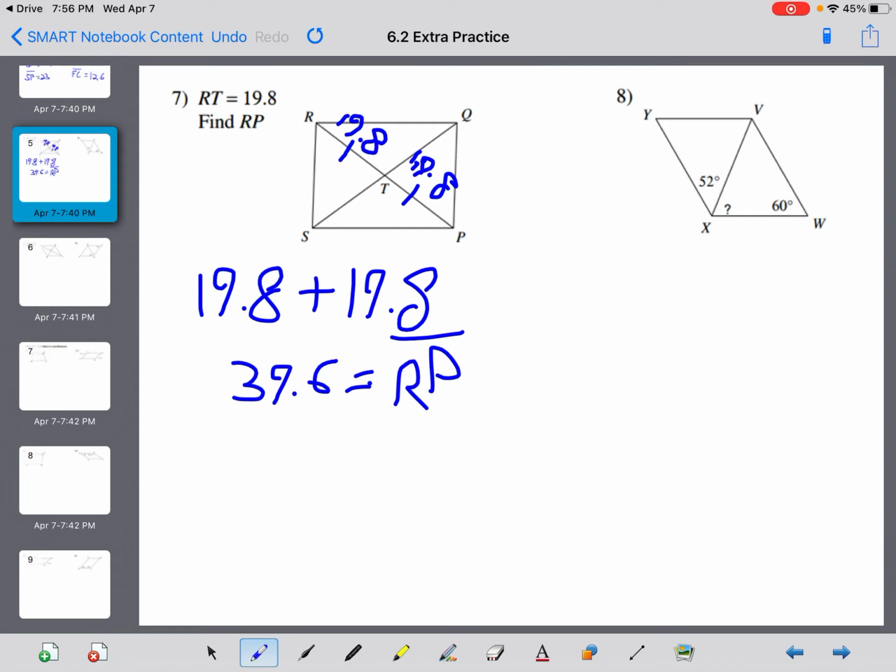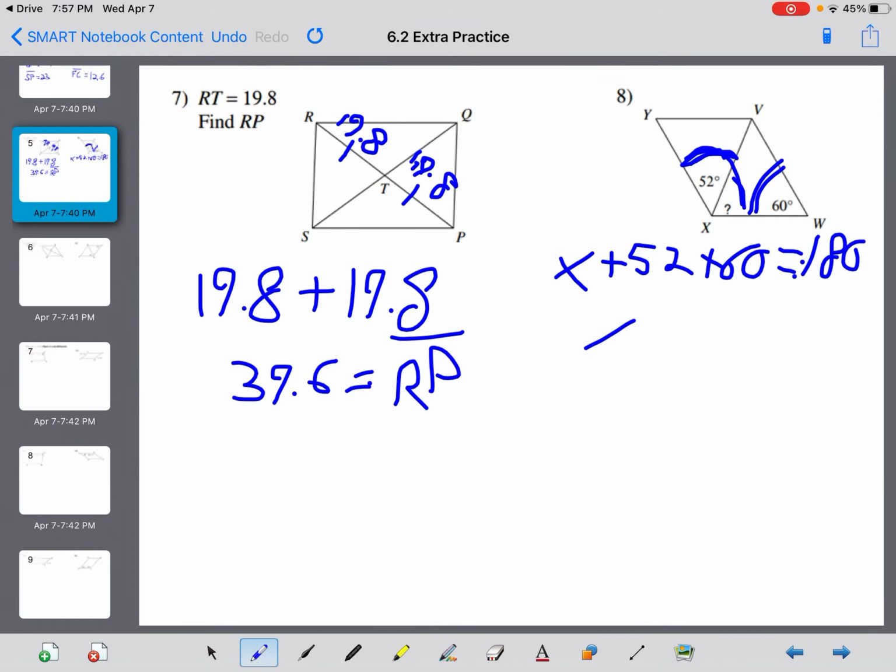Number 8. Okay, we have angle YXV labeled as 52 degrees. You have this angle X, and then we have a 60. Well, these two angles together with this 60 are consecutive. So the question mark I'm going to label as X plus 52 plus 60 needs to equal 180.